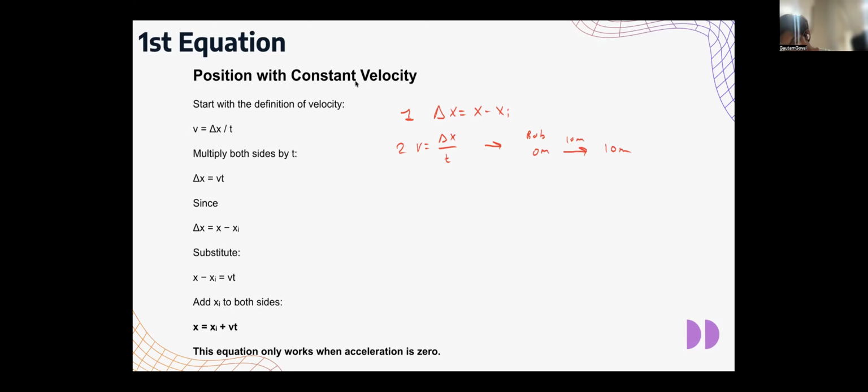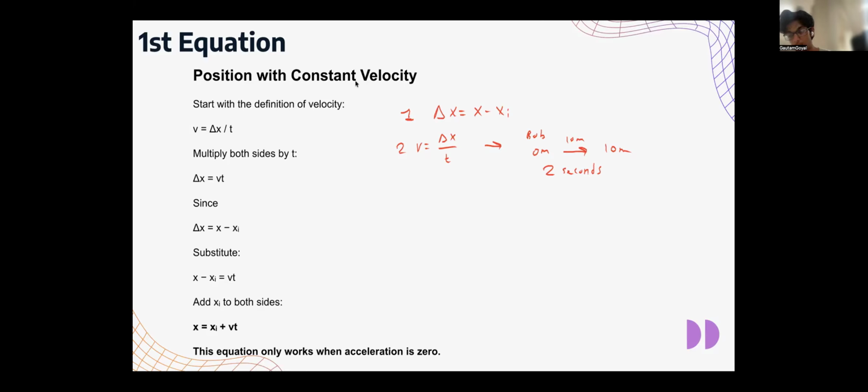Fair? And let's say he does this over a span of 2 seconds. It's a fair assumption to make that his velocity is equal to 5 meters per second, right?